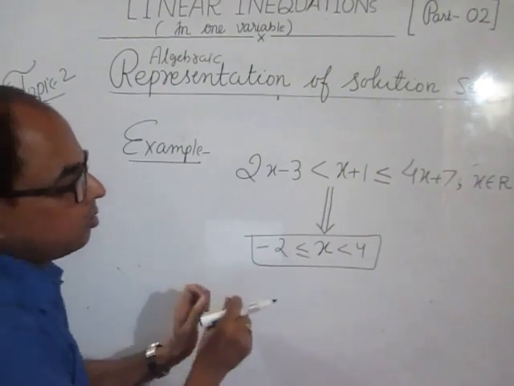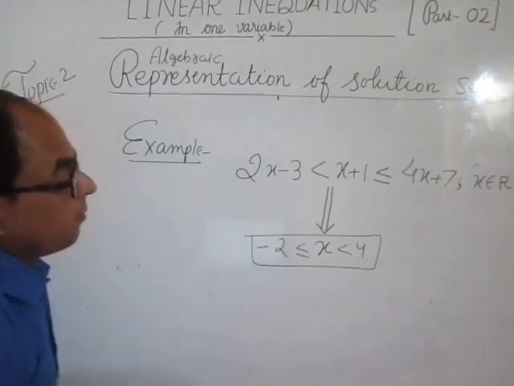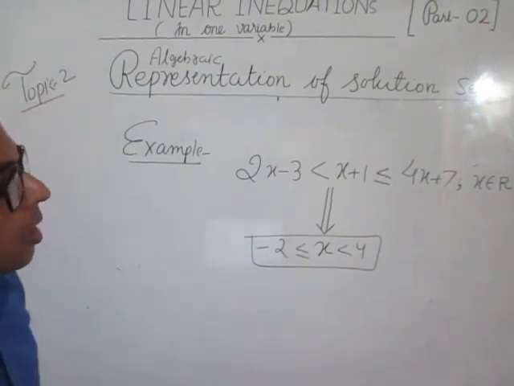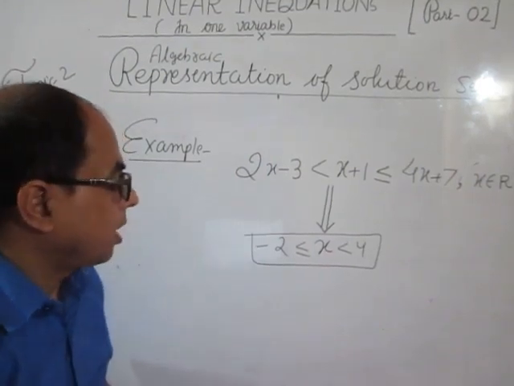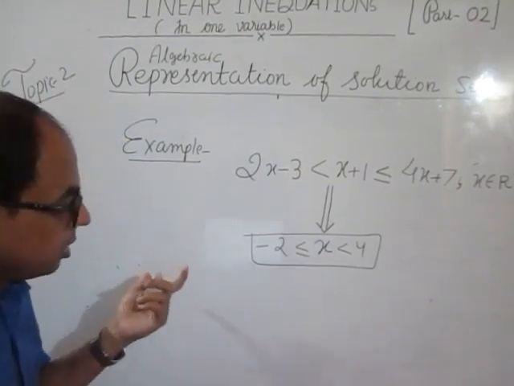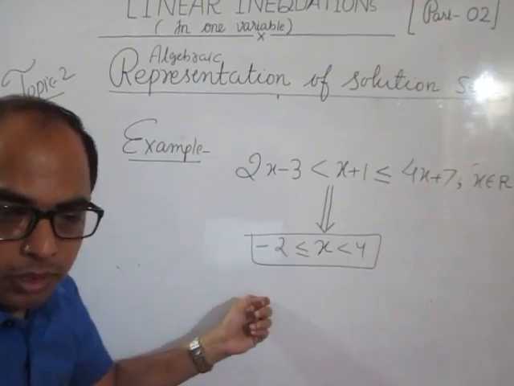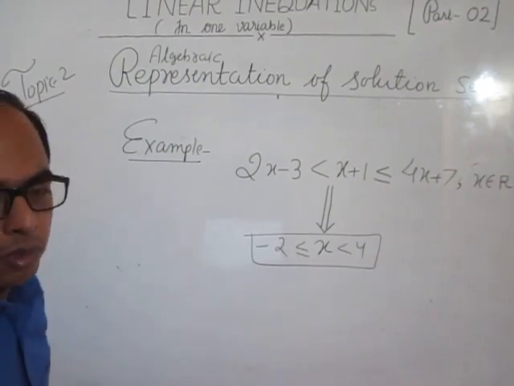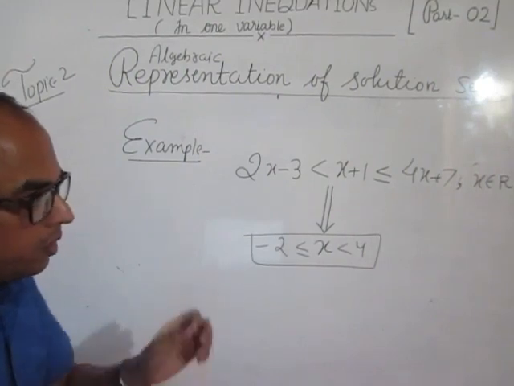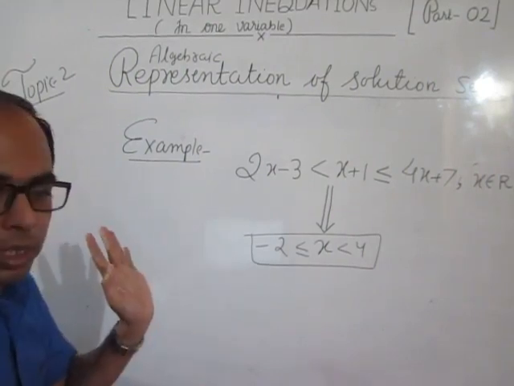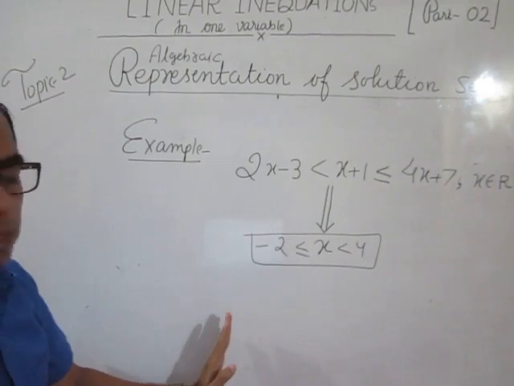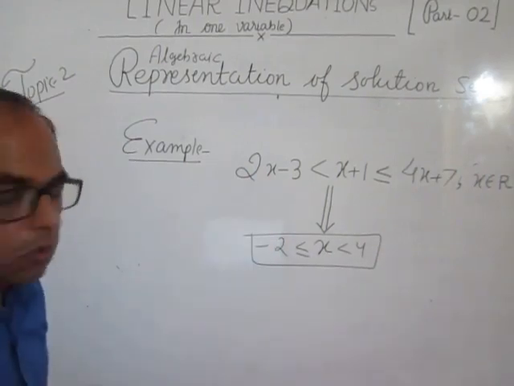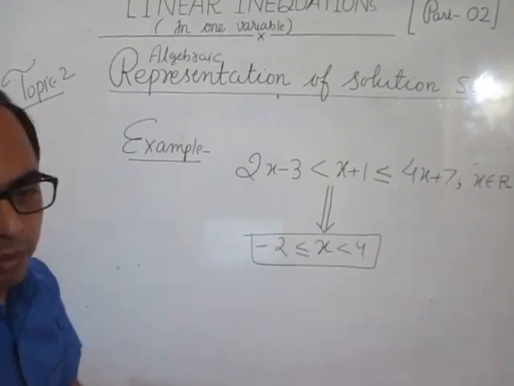Always write the solution in set form. Second point, if you have the option to write the solution set in both forms, set builder form and roster form, then always prefer roster form, because in roster form it is very convenient to see the solution. Directly we can see which numbers are satisfying this given inequation. So this form is preferred.